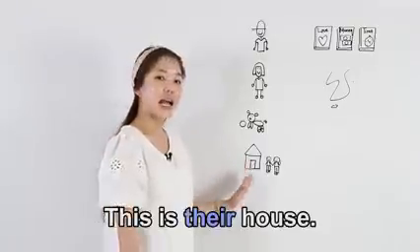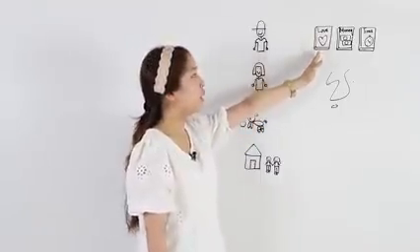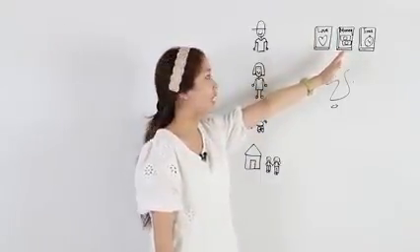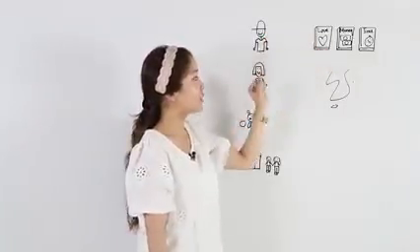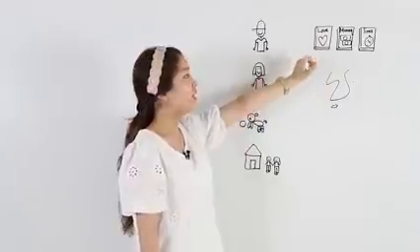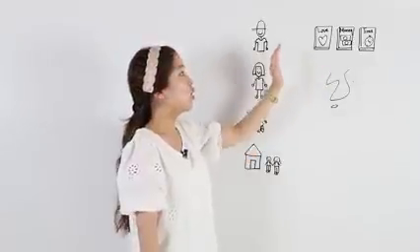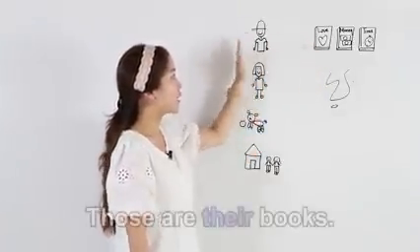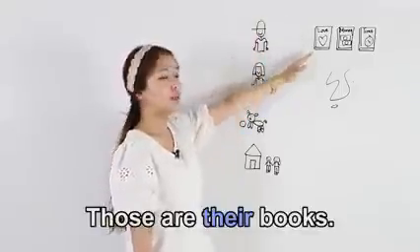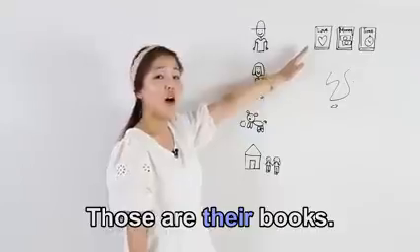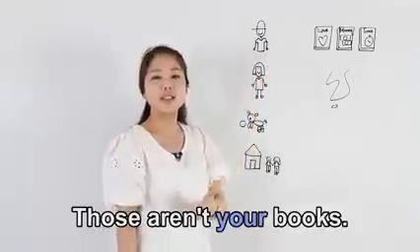Now a little bit farther away, we have three books, and this boy and girl have the books here. So we have to say those, and because we have more than one, we have to use are. Those are their books. Those aren't my books. Those aren't your books.